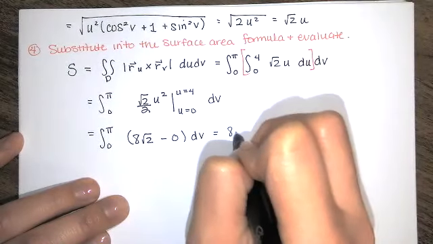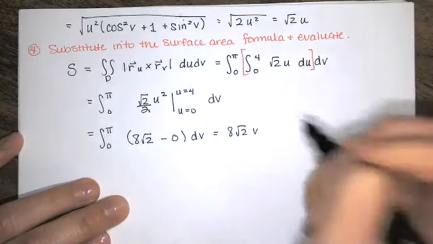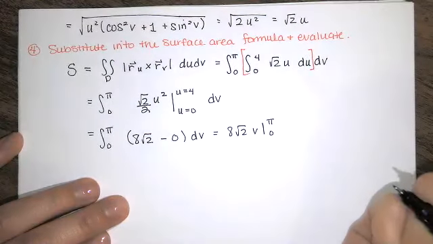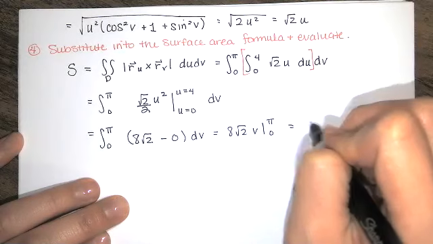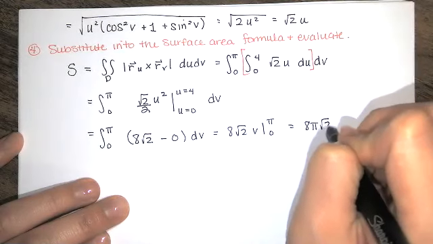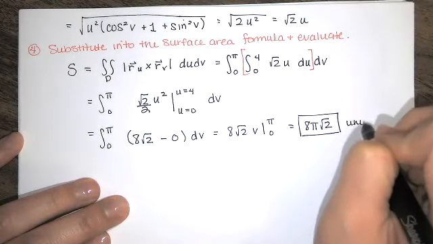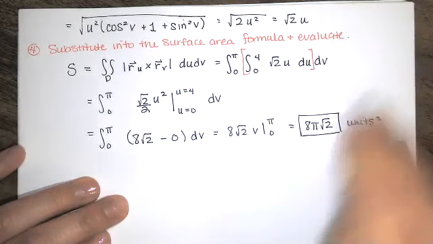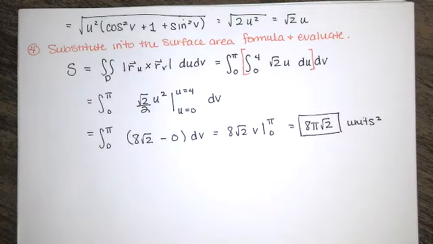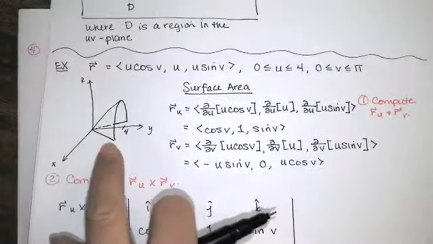The antiderivative of this constant with respect to v is that constant times v. We evaluate at 0 and pi and subtract. So we get 8 pi times the square root of 2 square units. If you want a numerical approximation, you can use your calculator to find it. That's the surface area of this guy.